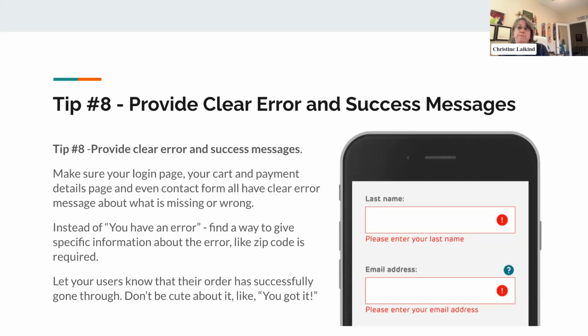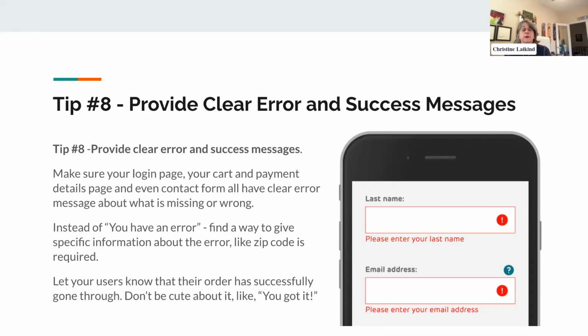Tip number 8, provide clear error and success messages. Now this has to do with forms. So when you're having them fill out your contact forms, or your checkout forms, and they enter the wrong information, this is very important.